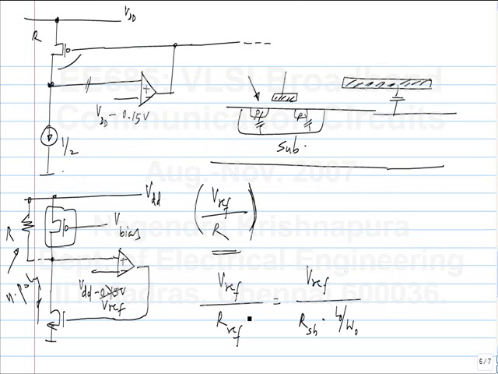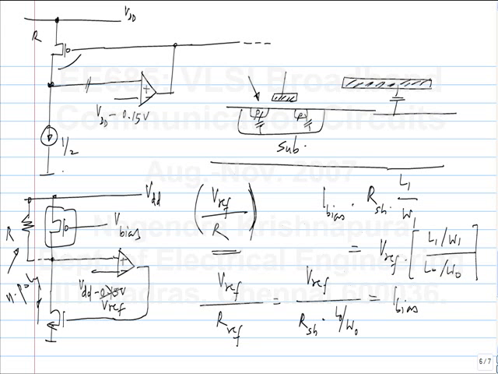So this is what I call the reference resistance, and it has a certain L by W. Let's say you take this current and pass it through some other resistance of the same type, L1 by W1, what do you get? You simply get a scaled version of Vref. It is Vref times some ratio of dimensions.